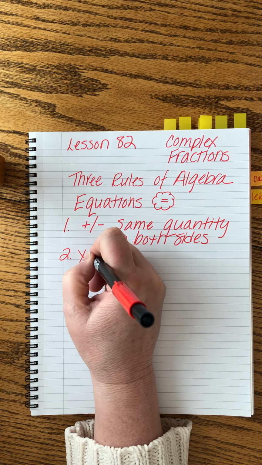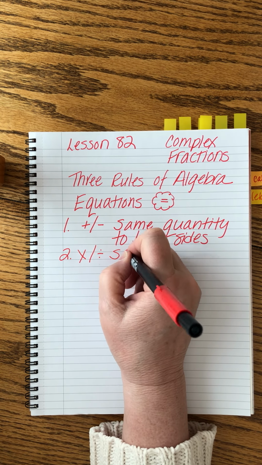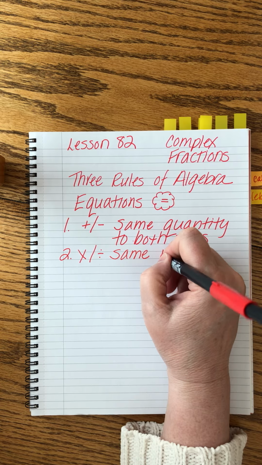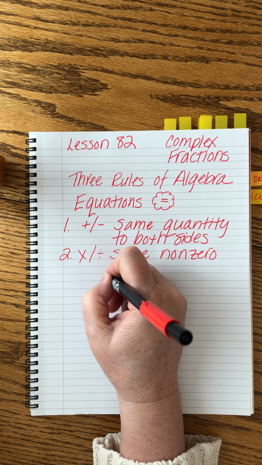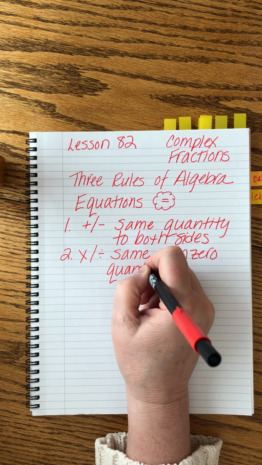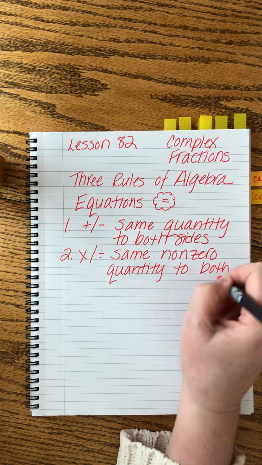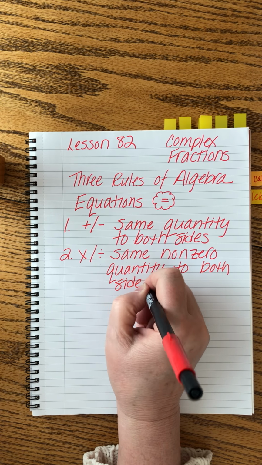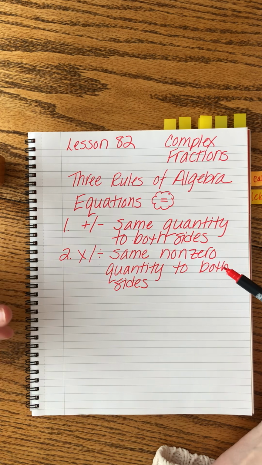The other one is that we can multiply or divide the same quantity, except it can't be 0. Multiplying by 0 or dividing by 0 is not allowed.